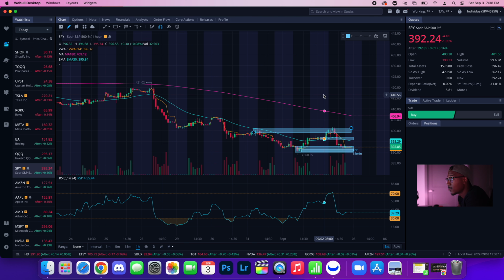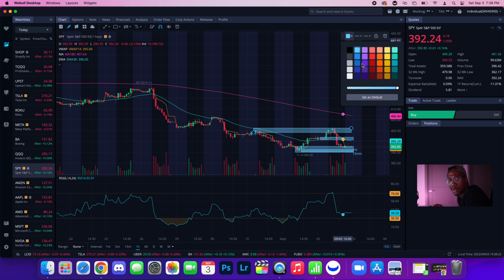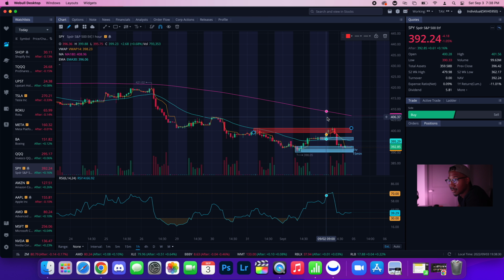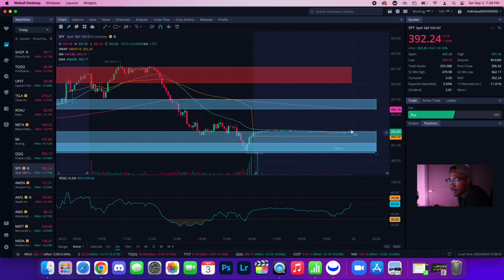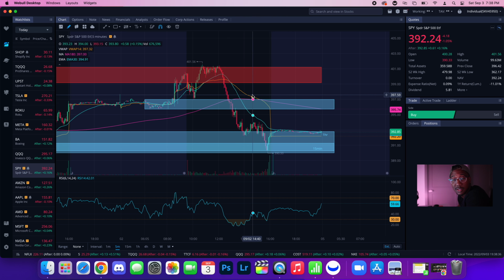And then just so I know that it's a supply zone and that I would typically want to play the market to the downside or get puts, because sometimes it gets a little confusing, I'd like to make the zone red.